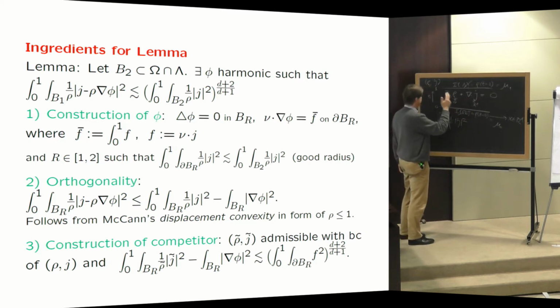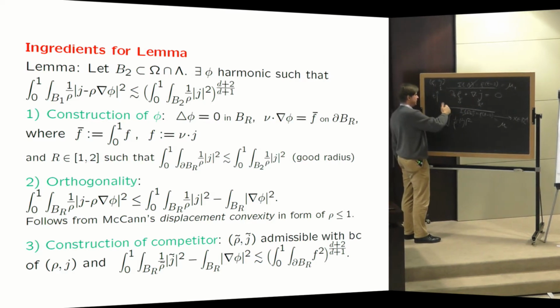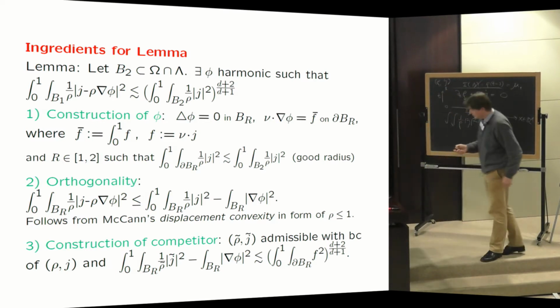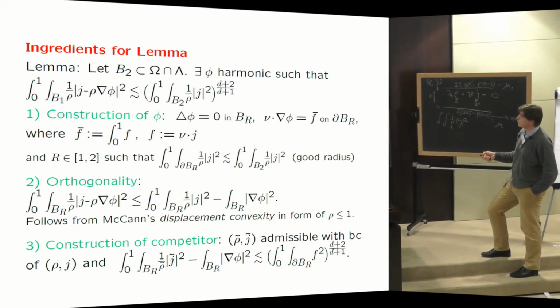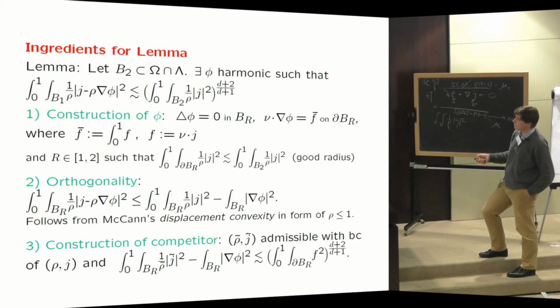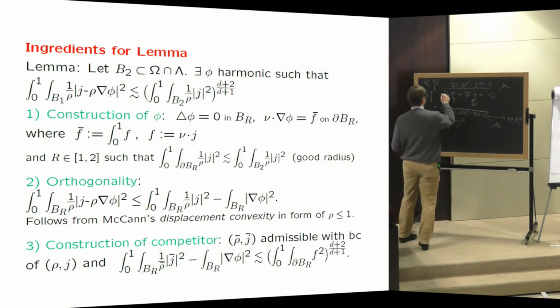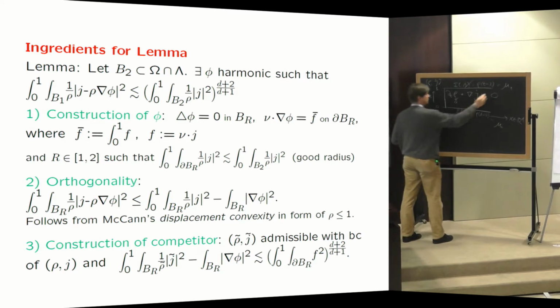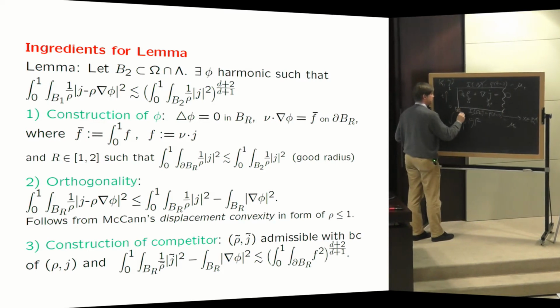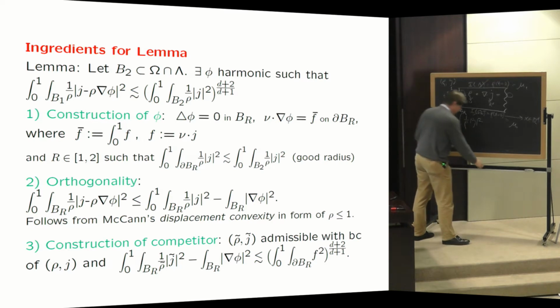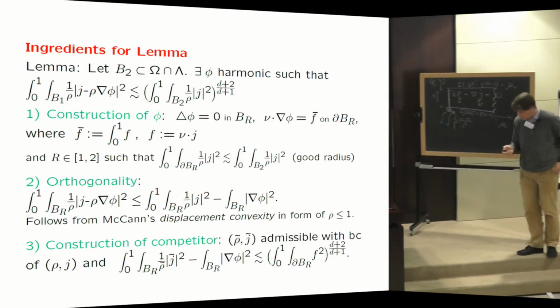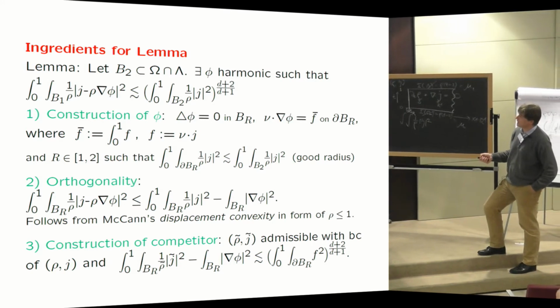But now you run into a slight technical difficulty, in the sense that j, this flux, is a function of time and space, whereas the PDE, this boundary value problem, of course, just sees space. So the most natural choice is to say, well, let's take the time average, here we have somewhere the boundary, dBr, and we take the time average of the flux boundary data of j as our flux boundary data for the harmonic function.